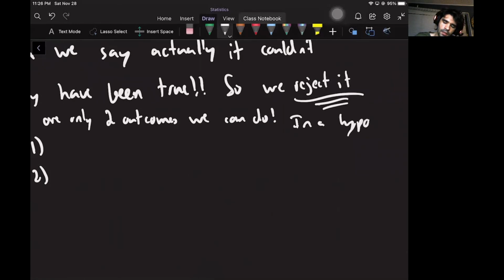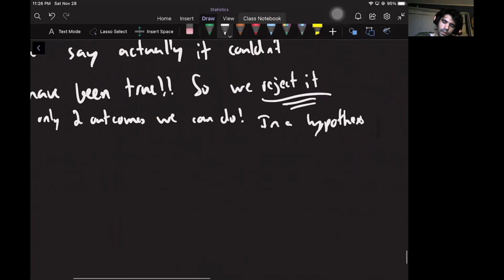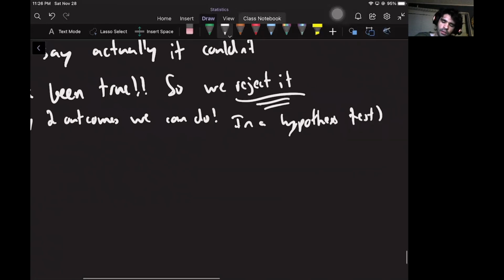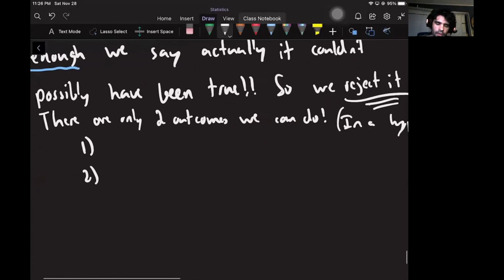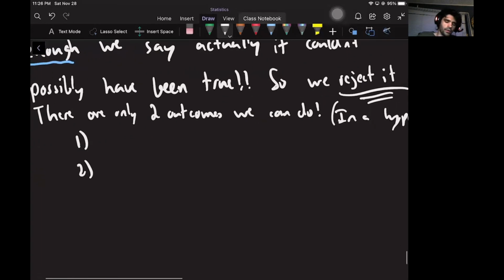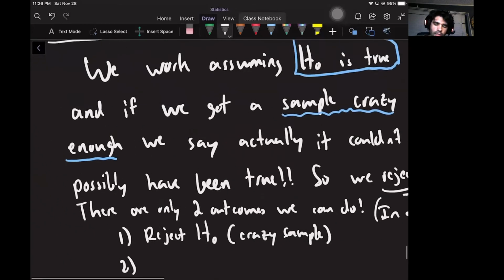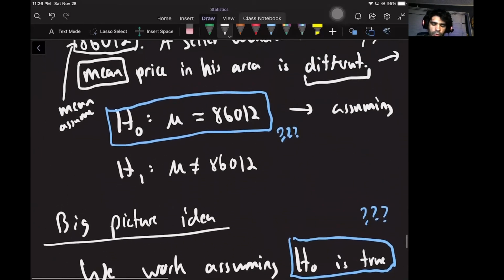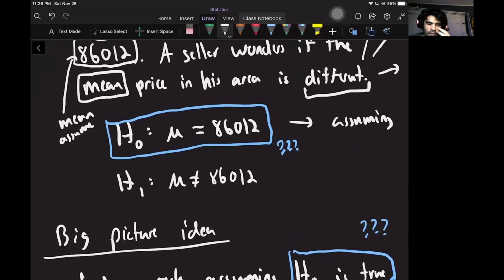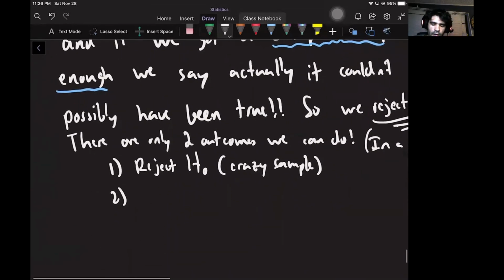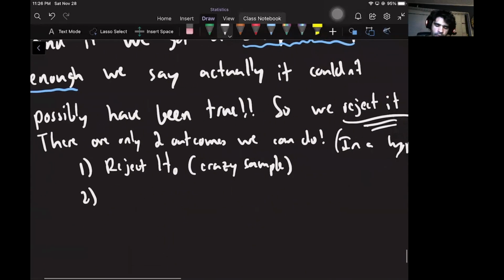In a hypothesis test, there are only two outcomes really that you can do. One is what I just described. You can reject H0. So what this is saying is that you've got such a crazy sample that's so far from what the truth of the universe is supposedly going to be that you deny the truth of the universe, so you reject the null hypothesis.